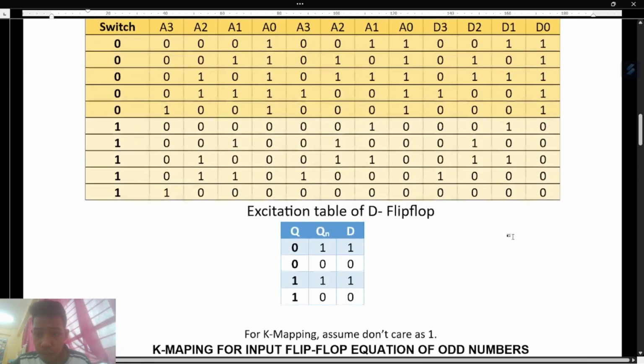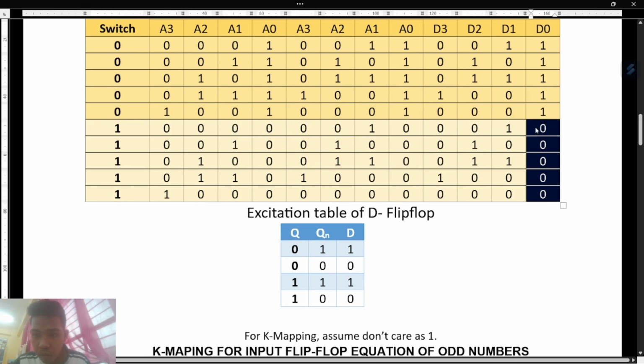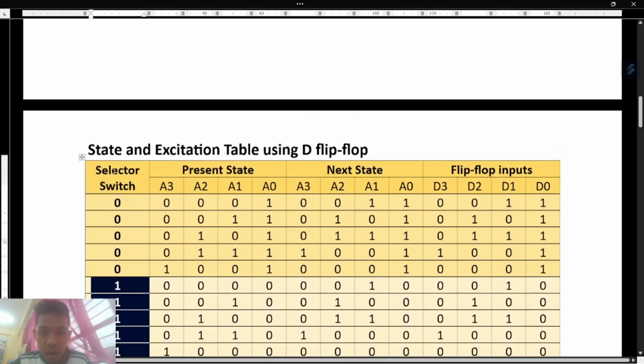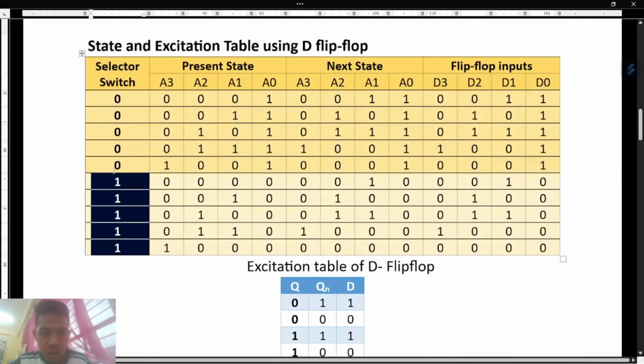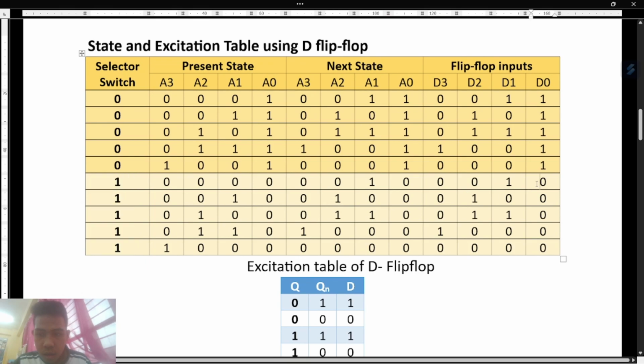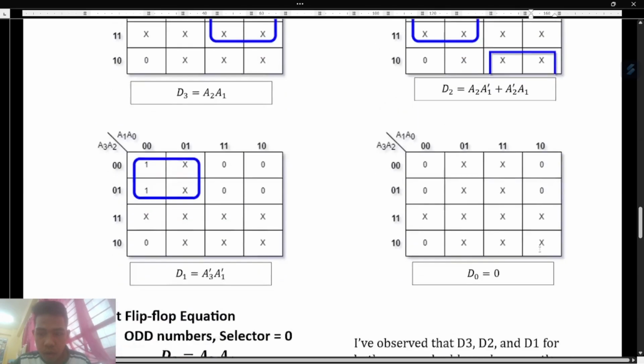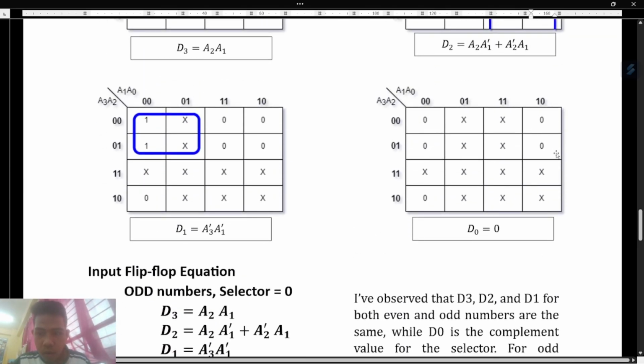As we observed in the excitation table, when the selector is 1, D0 is 0. So D0 is 0.